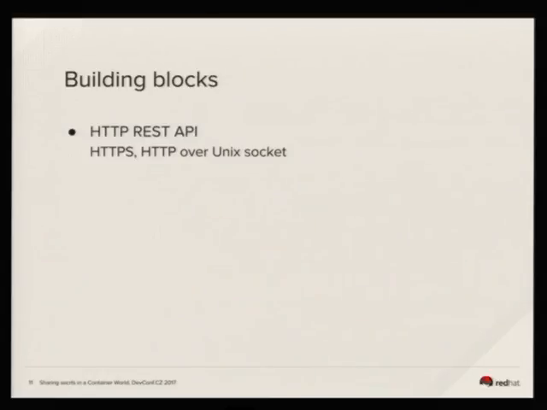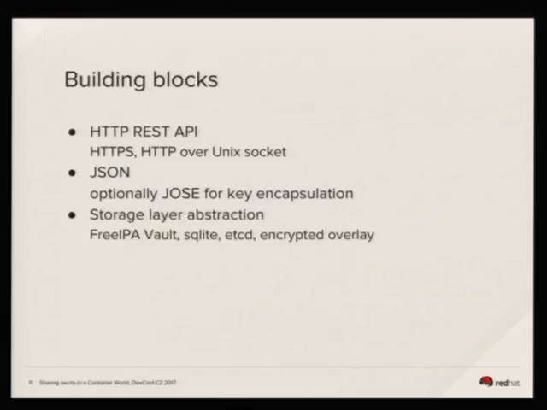And as message format, what these kids use today. So I'm from an area where we used XML, but these days we use JSON with optional JOSE for key encapsulation, so encryption. As I said earlier, we have a storage layer abstraction where we have a couple of implementations.